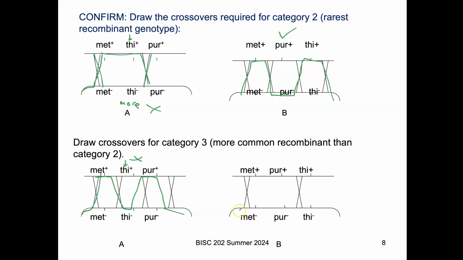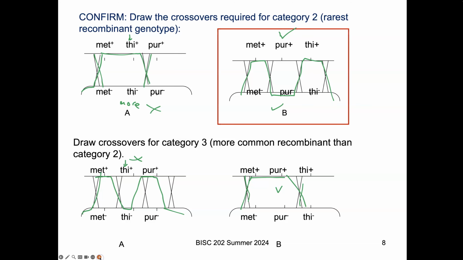And if we do the 2 crossovers, we get methionine with purine wild type and thymine minus. So for both of these, they all confirm that purine must be in the middle, right? This is one of our single crossover classes, and this is definitely our double crossover class. Okay, so that's the correct order.